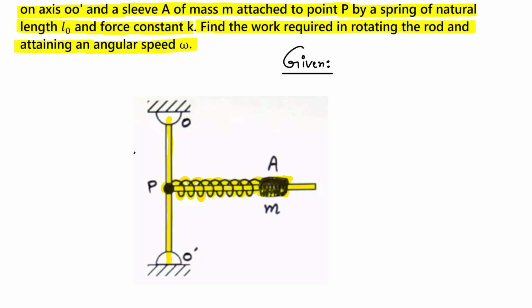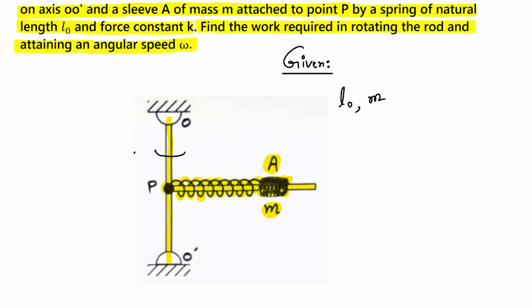The mass is given as M, and this is A. The natural length of the spring is also given, so L0 is given, and the mass of the sleeve is M.